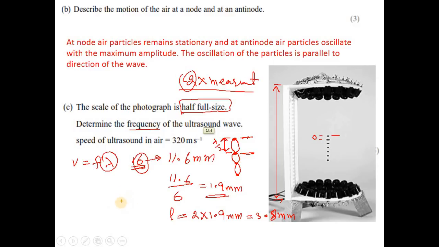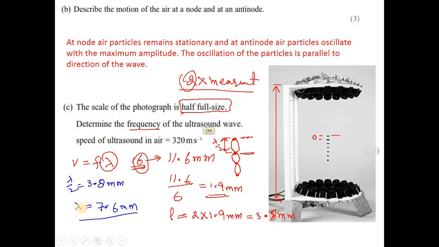So you can say that λ/2 is 3.8 millimeter, and then λ would be equal to 7.6 millimeter. This is the wavelength that we found.